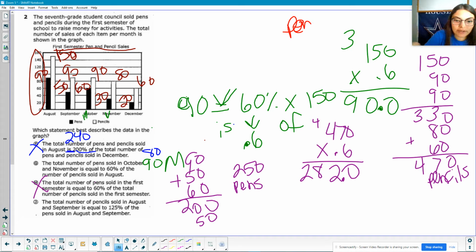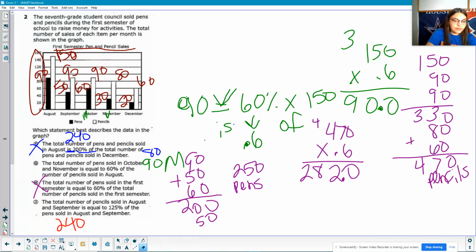So pens was 240. Why is this not going well? This is 240 and, so pens is not 240.